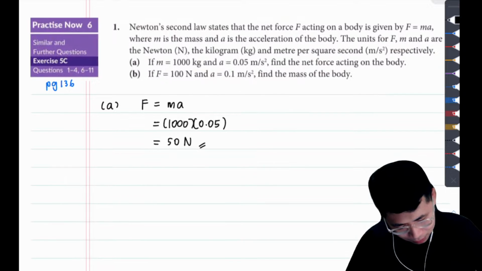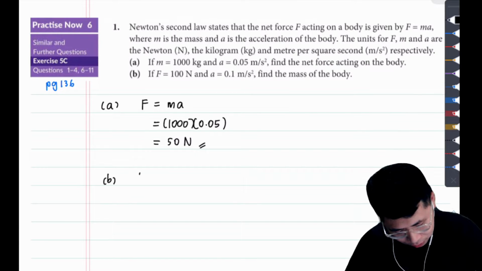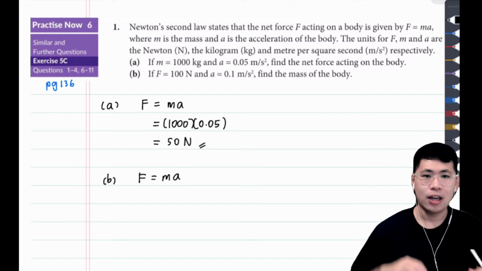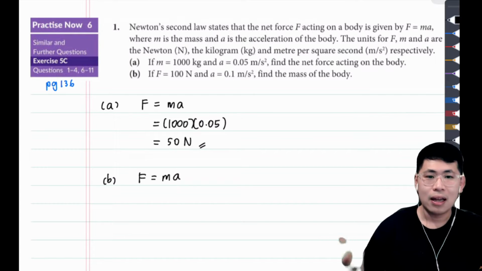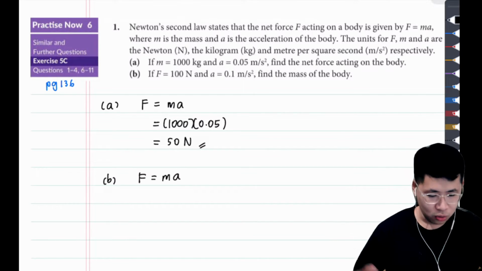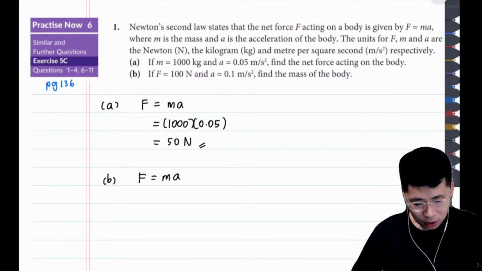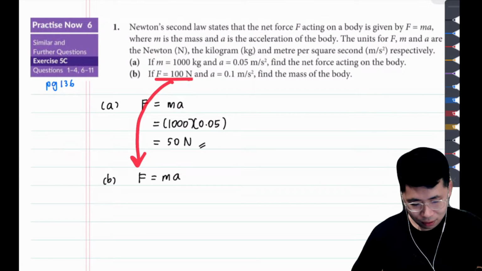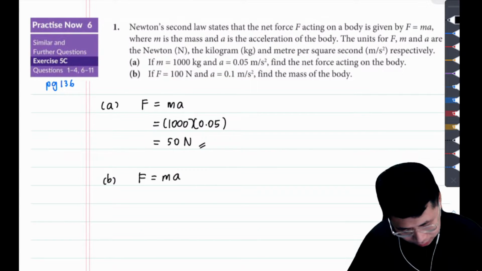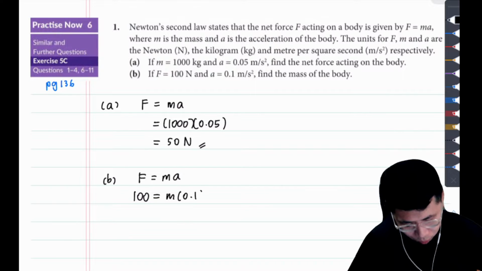Part b: if F is equal to 100 and a is 0.1, find the mass of the body. Using the same relationship, let us substitute the numbers. F goes into F, a goes into a. So 100 is equal to m times 0.1.